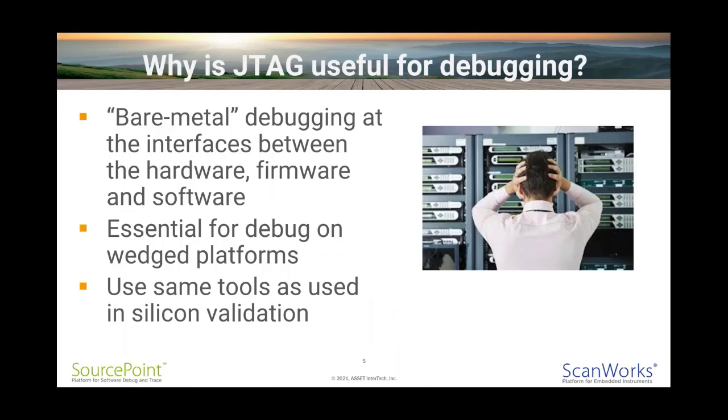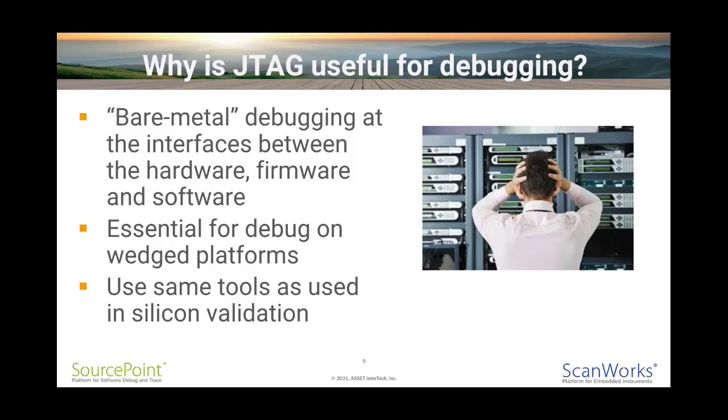So why are we even talking about JTAG as a debugging utility? Why not use just OS-based, agent-based debuggers? Well, JTAG lives at the hardware. It actually lives at the interface between the hardware, the firmware, and the software itself. If you're working at a very, very low level, and you need the most powerful, out-of-band debugging mechanism, then JTAG is the way to go. Certainly, if the system that you're working on is wedged, then JTAG is the only way in.